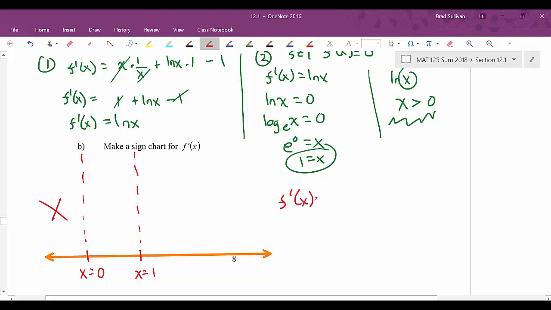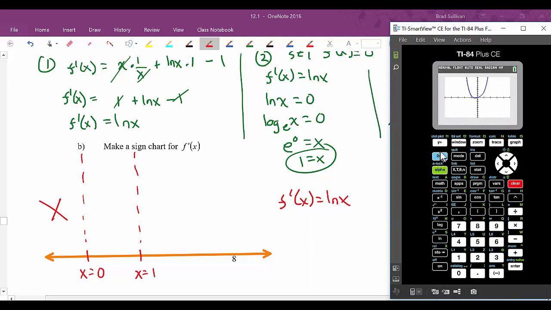So we have f prime of x equals ln x. And you can use your calculator on this too, is kind of an easy way, I think, to crunch this one out real quick. I'm just going to do it this way. So I want you to notice on this, then if we did a test point, like say 1/2, that's a number between 0 and 1. If you did ln of 1/2, you'll get a negative number.